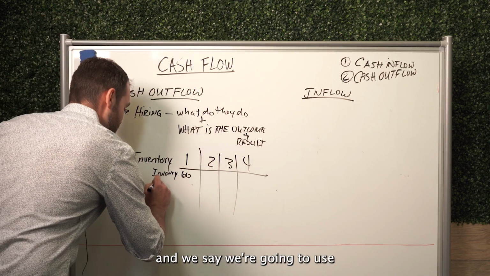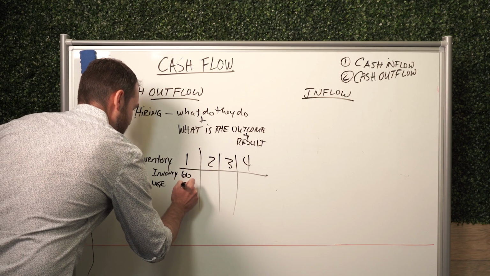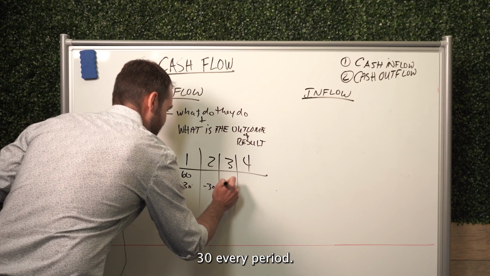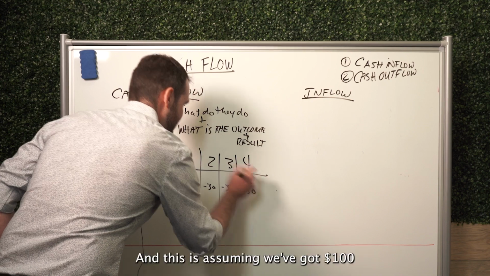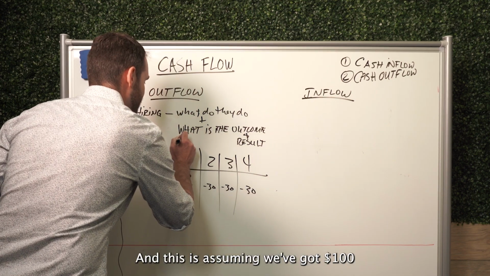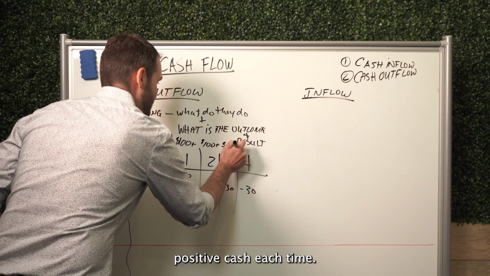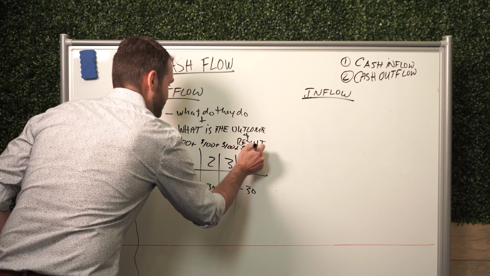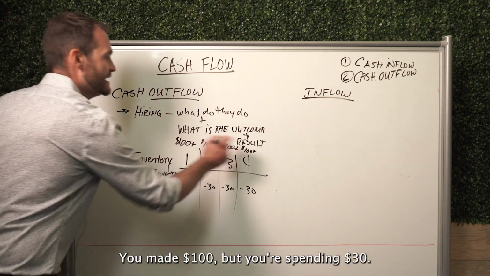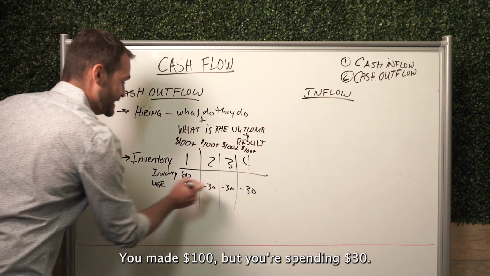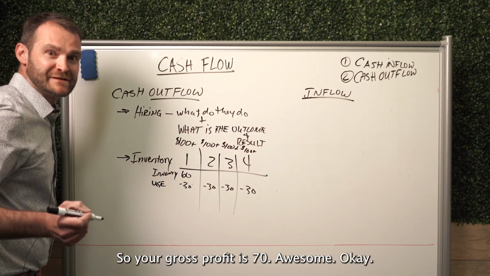And we say we're going to use 30 every period. And this is assuming we've got $100 positive cash each time. Awesome. You made $100, but you're spending $30, so your gross profit is 70.